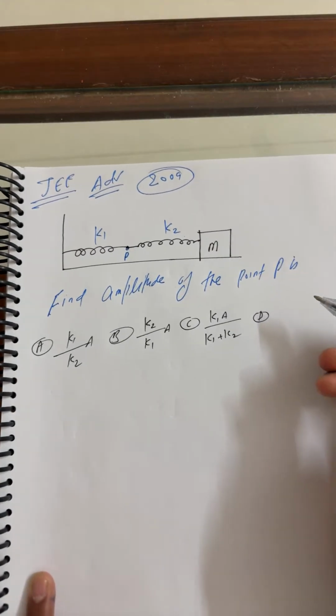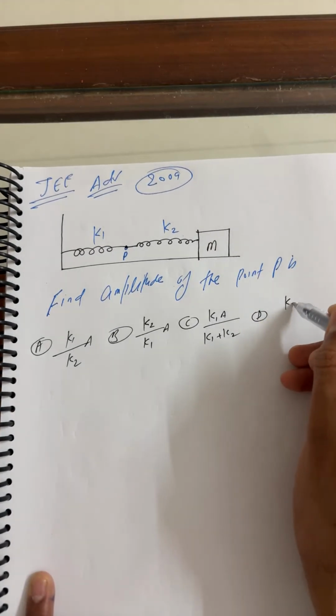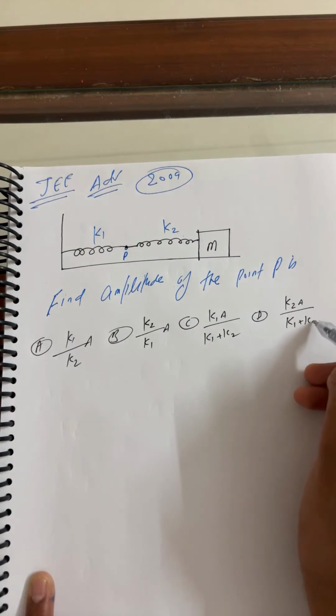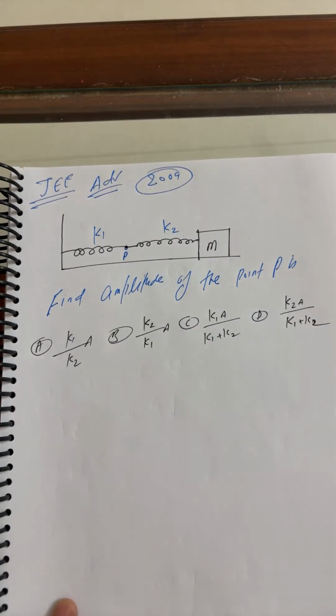The last option is K2 into A upon K1 plus K2. Again, I'm repeating: this block is performing SHM with amplitude A. We have to find the amplitude at point P.